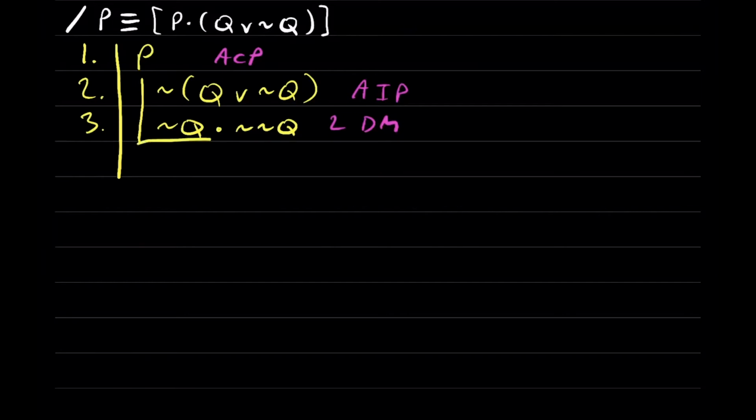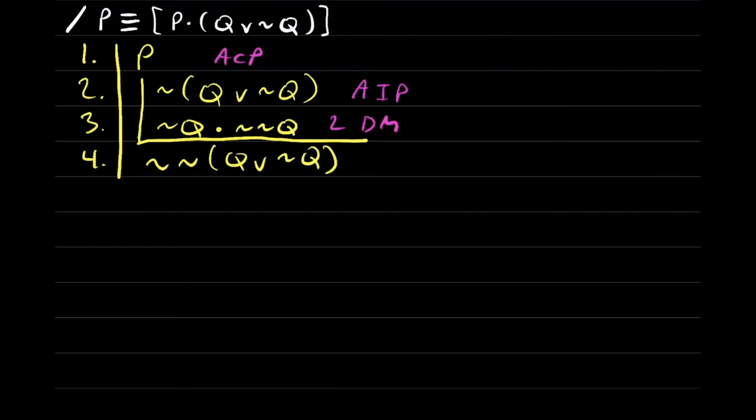So I can close off that indirect proof sequence, and I can get on line 4 now, still inside the scope of that outer conditional proof sequence. It's not the case that my initial assumption is the case, and my initial assumption had a negation in it, so I've got a double negation here, not not (Q or not Q), right? I've shown that my assumption is false, in other words.